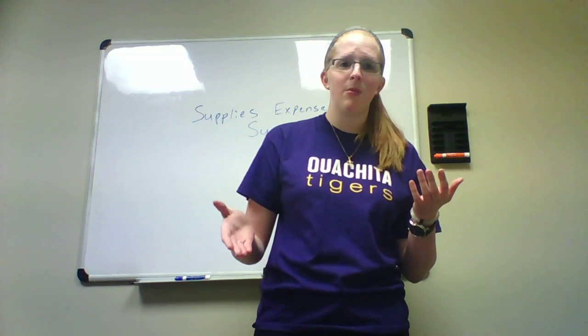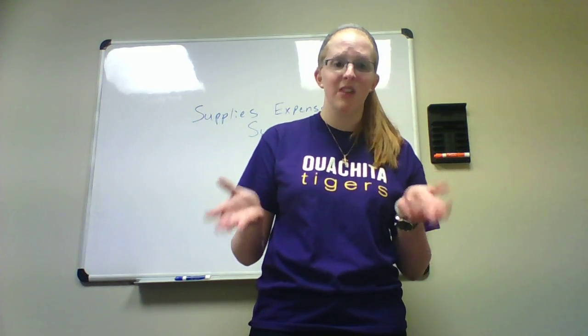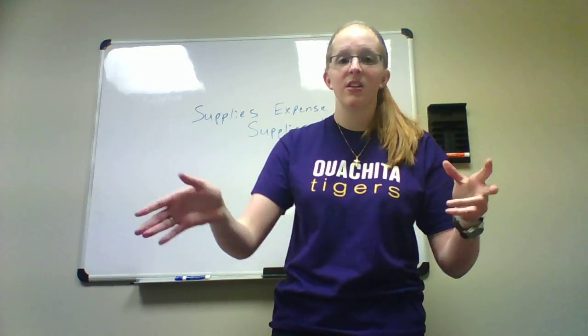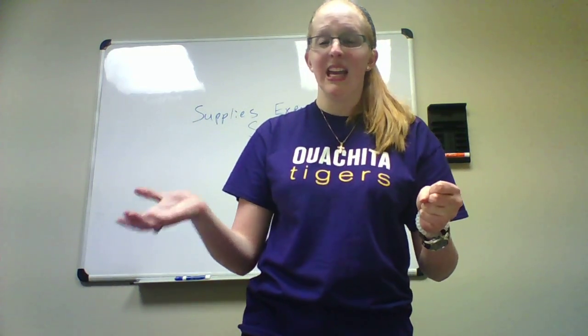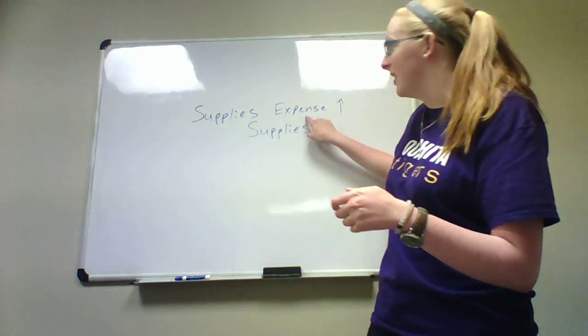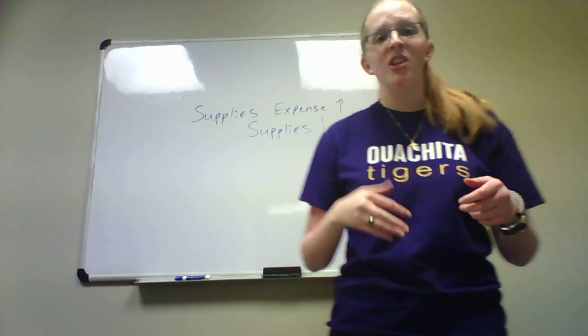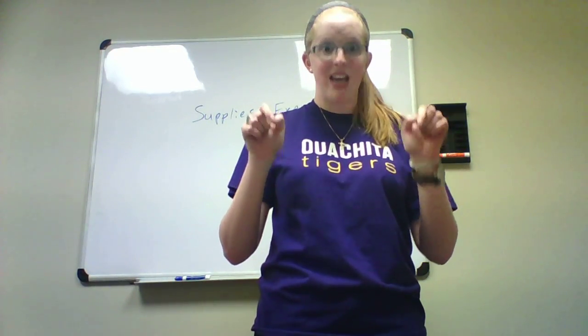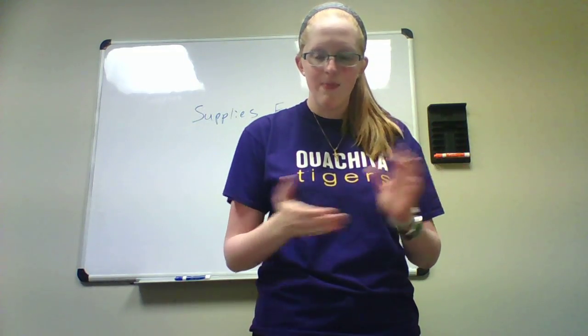When you hit December, you have $100 worth of insurance. So for the second problem, you would debit insurance expense because you're incurring the expense, and credit prepaid insurance because the insurance is actually going away.